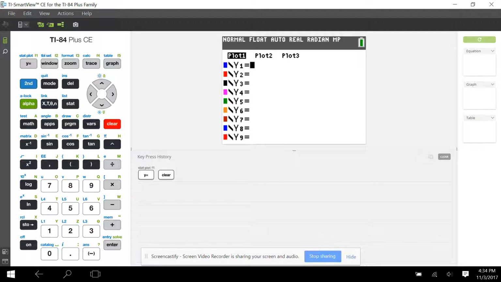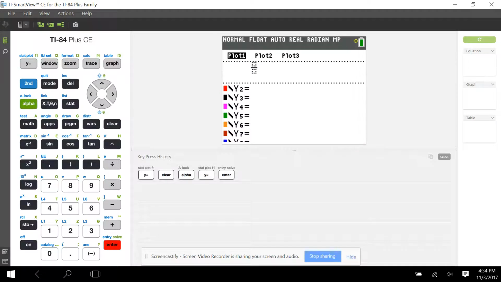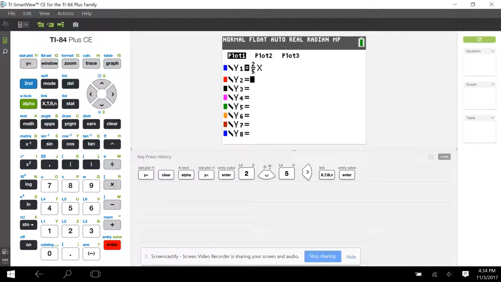Put in 2 over 5, and I'm going to use my alpha y equals, enter, to get a fraction. And I'm going to have 2 over 5 x, and that's all. Then I'm going to hit enter and go down to y2. I'm going to put both of these in. This one's going to be 3x minus 13.